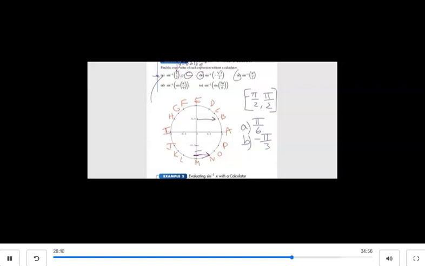Part C. Now, this one's kind of a weird one, folks. Sine inverse pi over 2. So they're telling me that the y value is pi divided by 2. Well, that's 1.57. So wait a second. You're telling me that the y value is approximately 1.57?